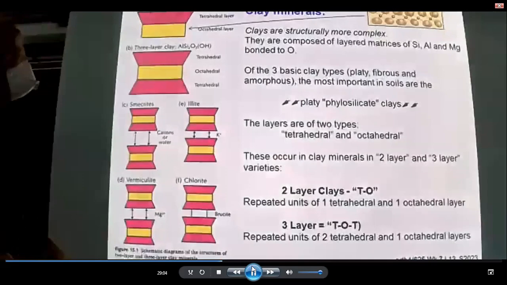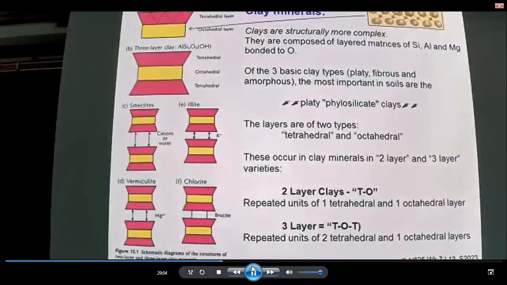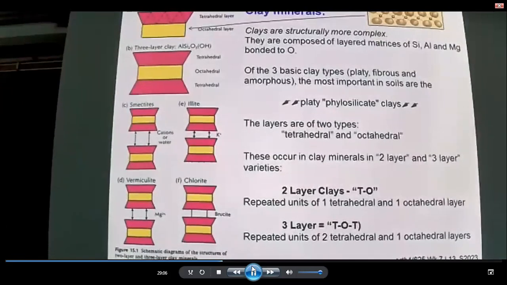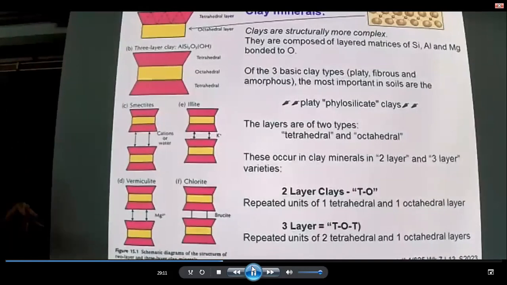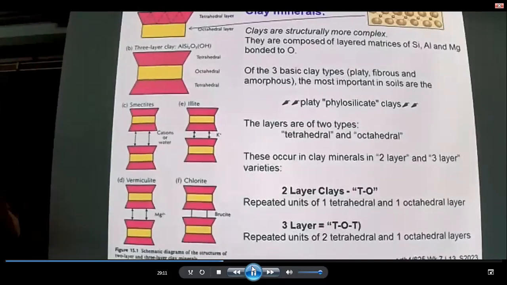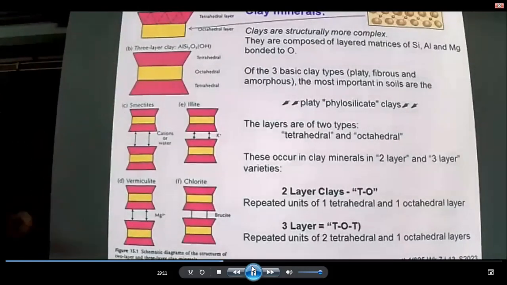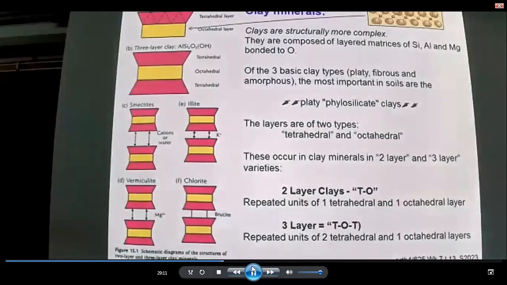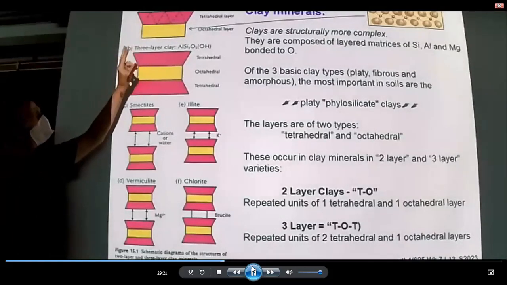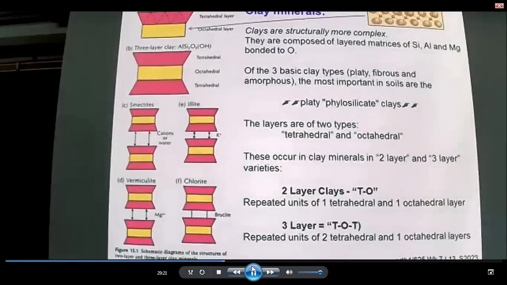Okay, so clay minerals come in two forms, and these forms are on the basis of alternating layers of silicon oxygen tetrahedra, one silicon with 4 oxygens arranged as a tetrahedron bound together, connected to an octahedral layer of the type that we just looked at on the last page, the gibbsite structure.